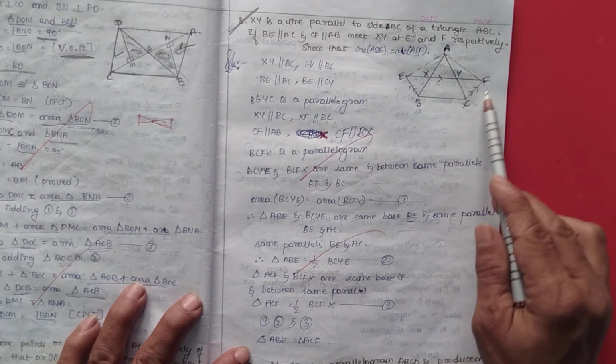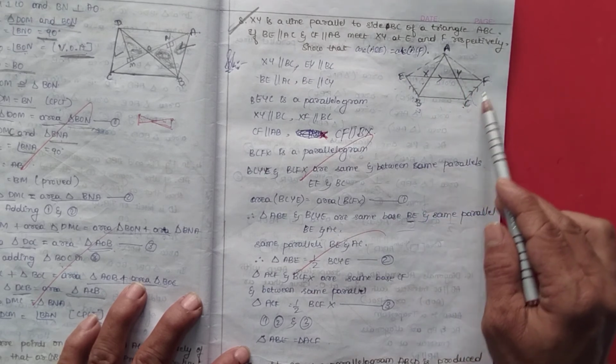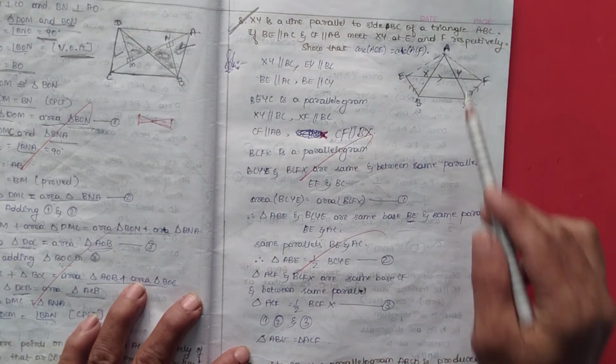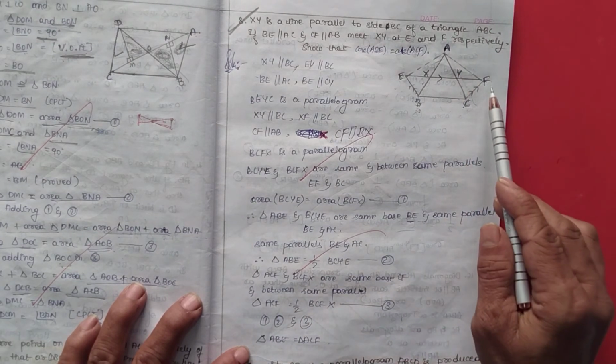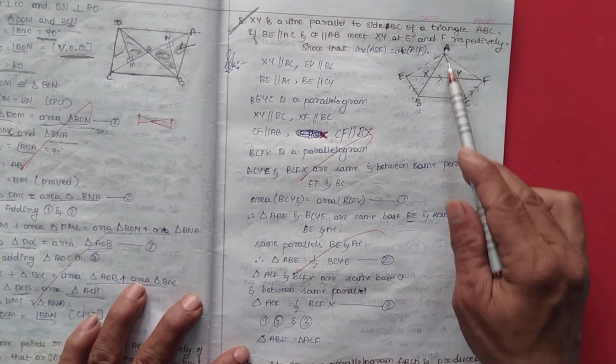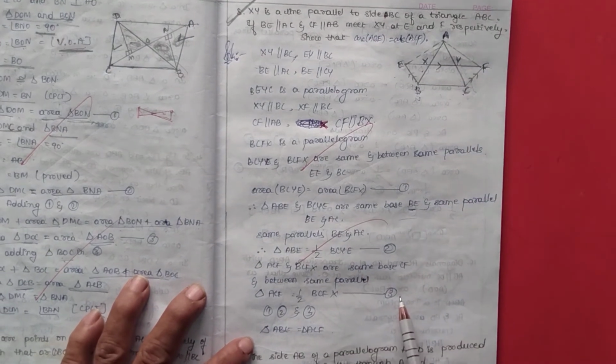For this triangle, the base line is CF, and for this parallelogram also the common base is CF. We have taken them between the same parallel lines. So triangle ACF is half of BCFX. That is equation 3.